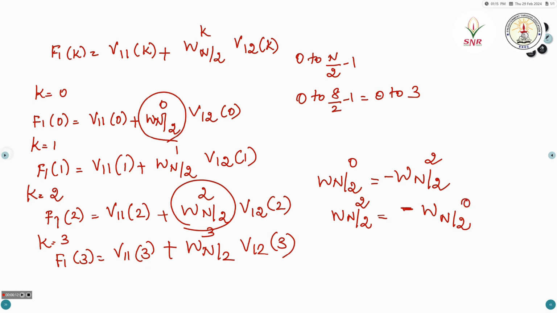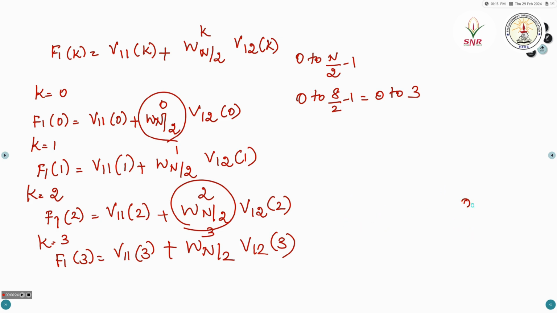So the last two terms become v11 of 2 minus W n by 2 power 0 v12 of 2.